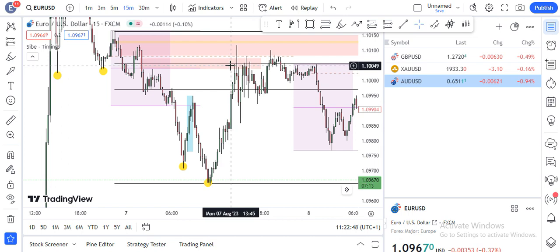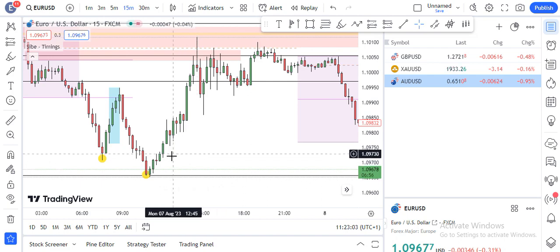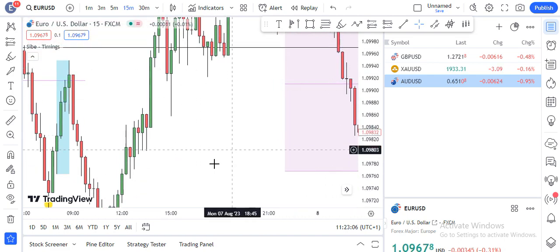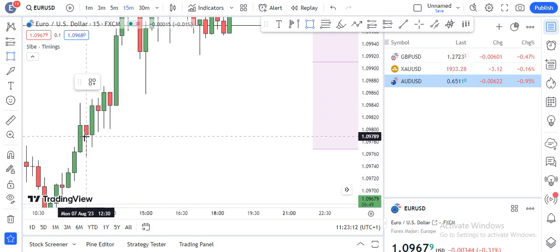So where's 13:30? By 13:30 we didn't have price tapping into our area, but let me show you. Like I said, ICT's order block, not always, but the first wick that prints into ICT's order block in combination with time, look, this was ICT's order block.